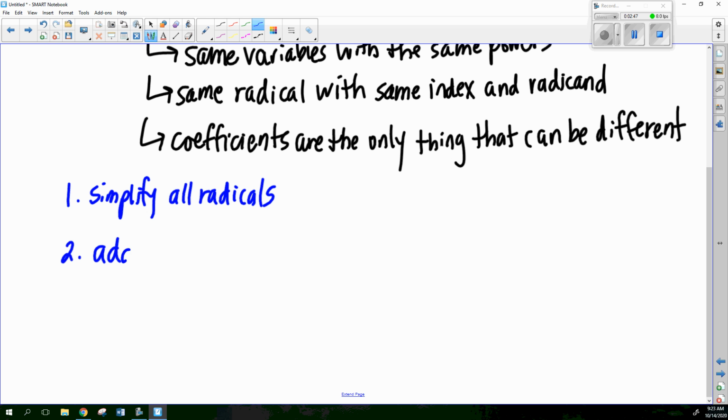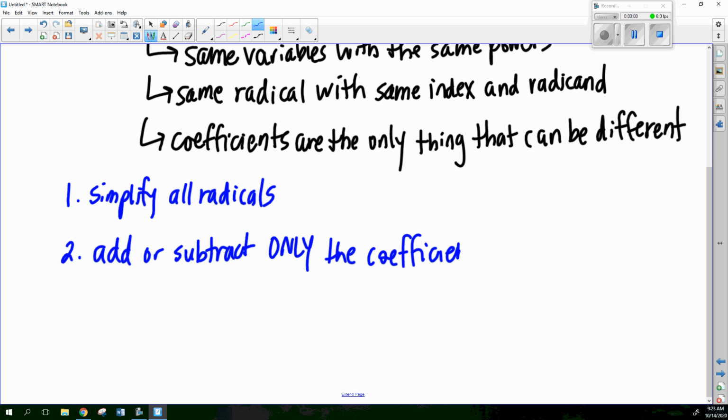Then you are going to add or subtract only the coefficients of the like terms.